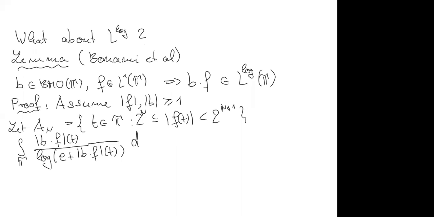Okay, so I just split it up into these disjoint sets An. Then in the denominator, inside the log, I have something which is at least 2 to the n. So the log gives me a 1 over n.